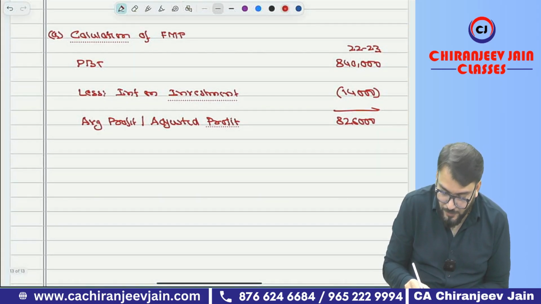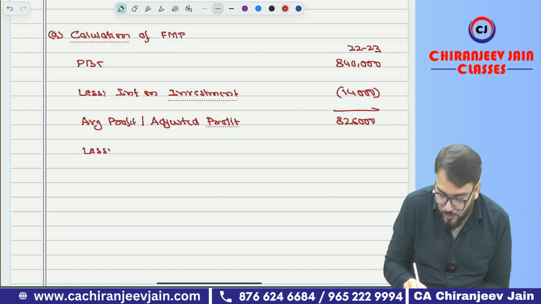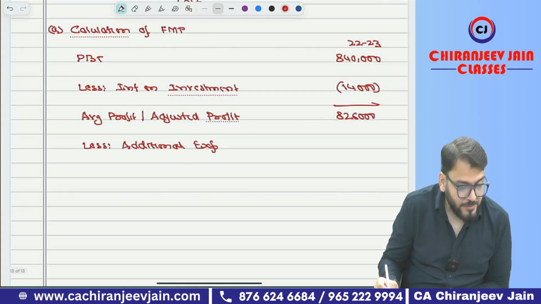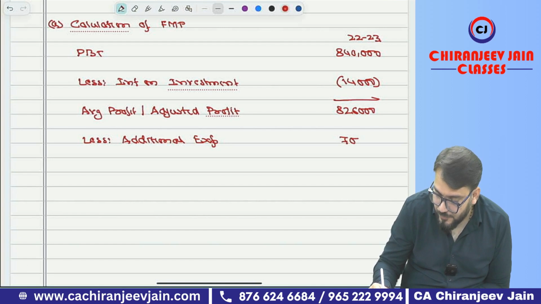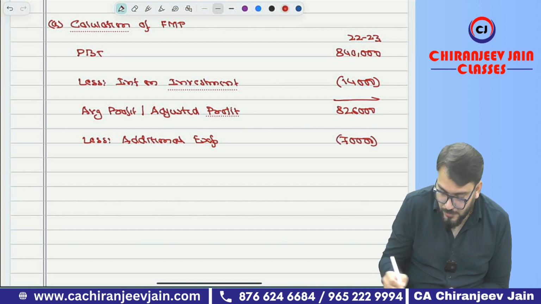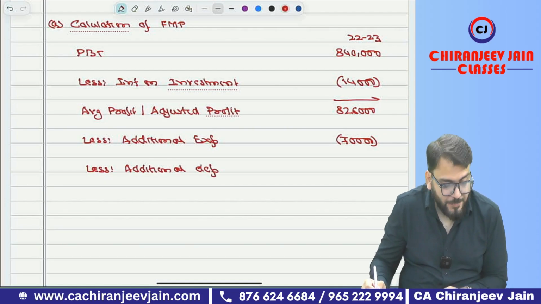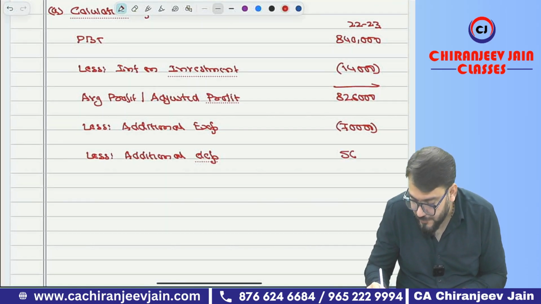Correct. Then from that we will deduct additional expense, which is 70,000. Then we deduct the further depreciation, the additional depreciation, which they have given as 56,000.